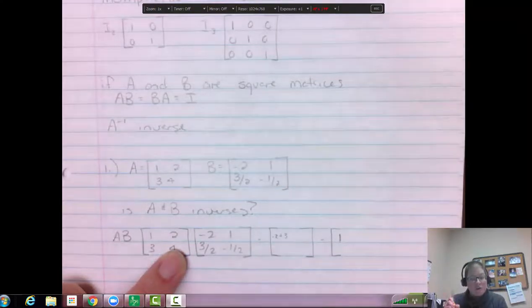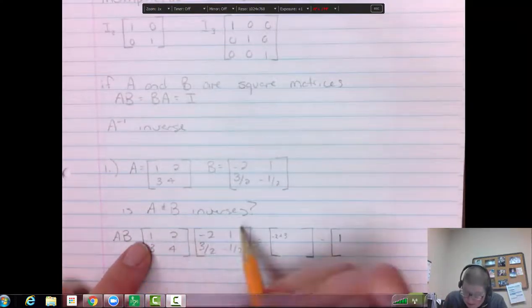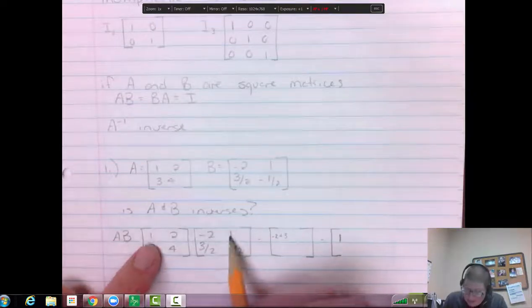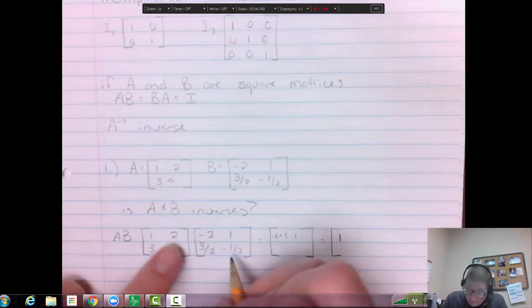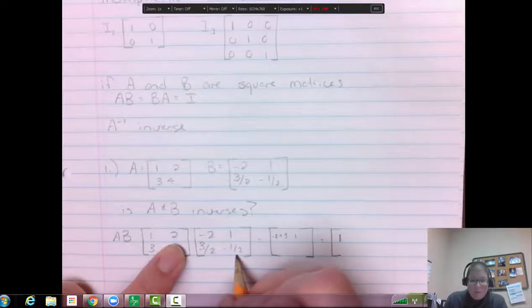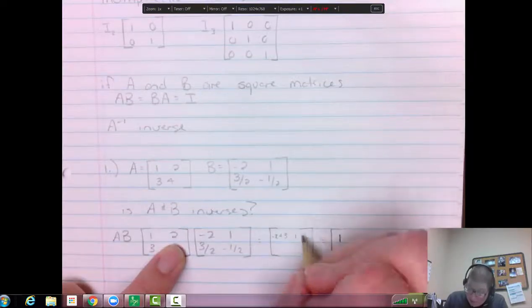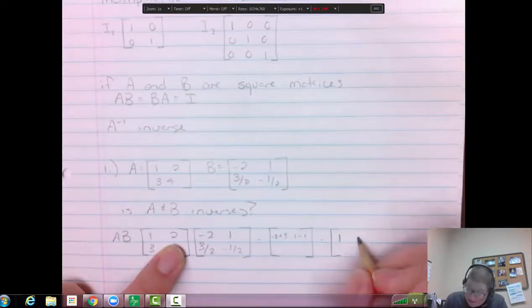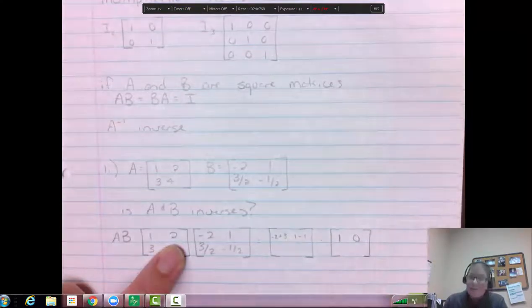Yay! So far, so good. Now, first row times the next column. 1 times 1 is 1. 2 times negative 1/2 is negative 1. So 1 minus 1 is 0. Yay! So far it's worked out the way we wanted.